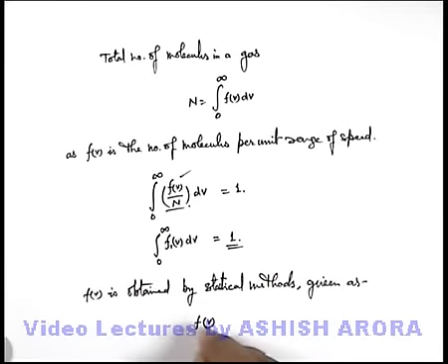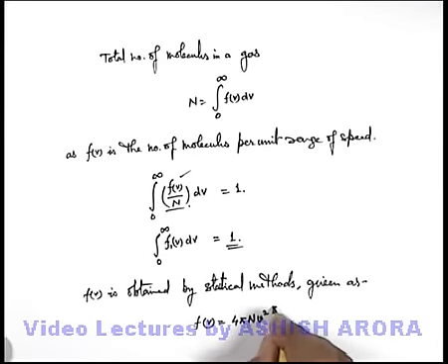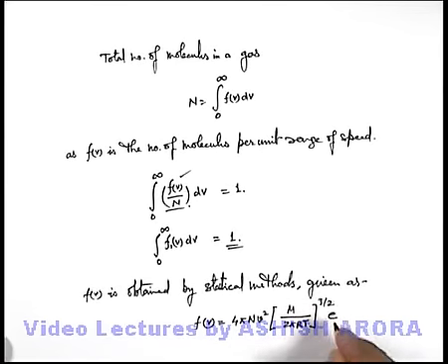You just keep this expression in your mind, although this expression will not be used much in any of the numerical analysis within the scope of your syllabus or the curriculum you are following. It is 4 pi n v squared, m upon 2 pi RT, to the power 3 by 2, multiplied by exponent e to the power minus m v squared upon 2 RT. And here all the symbols in these functions have a standard meaning.